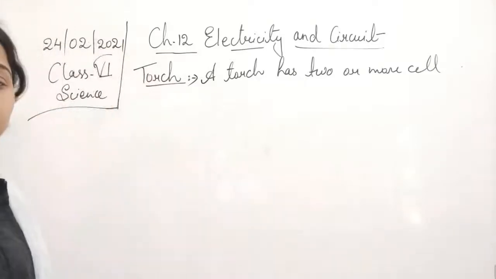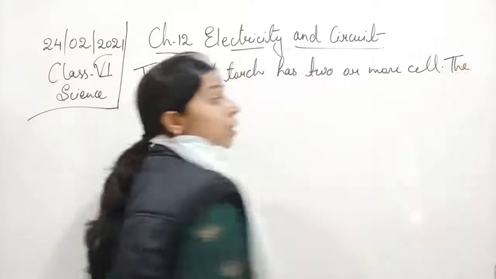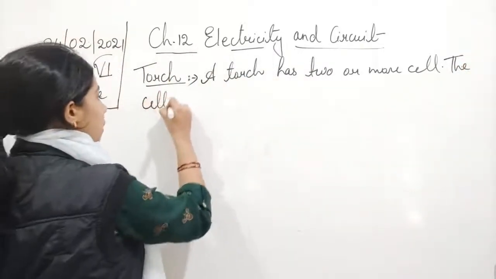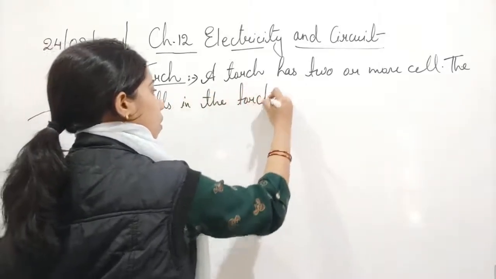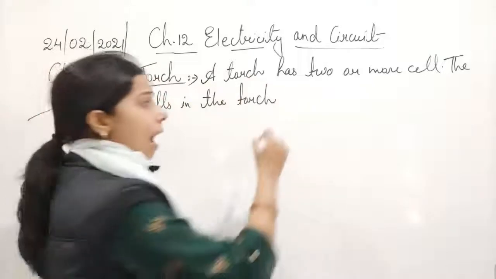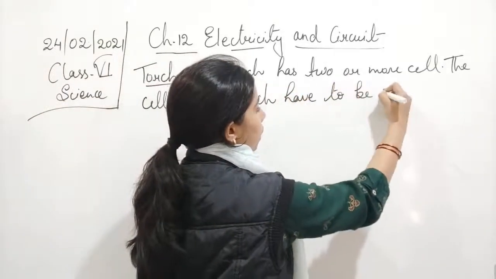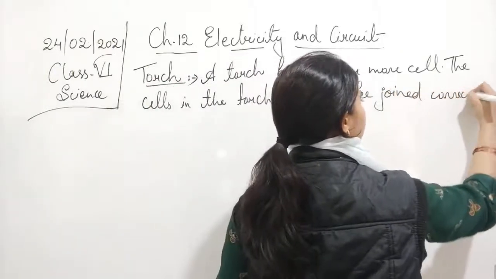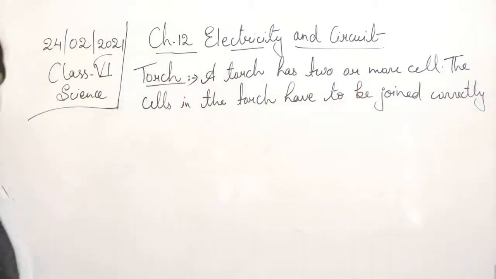So we can write that the cells in the torch have to be joined correctly. It has to be joined correctly.